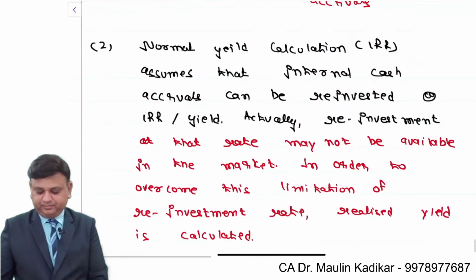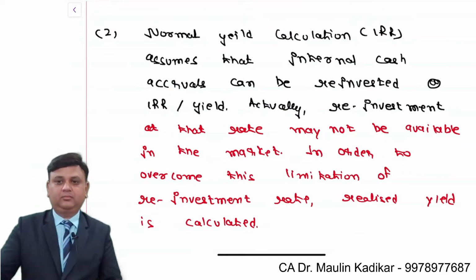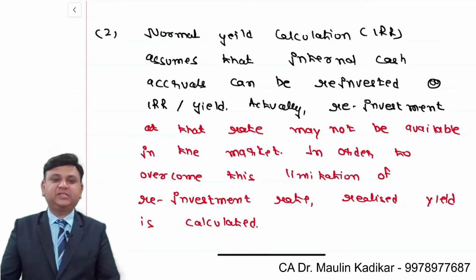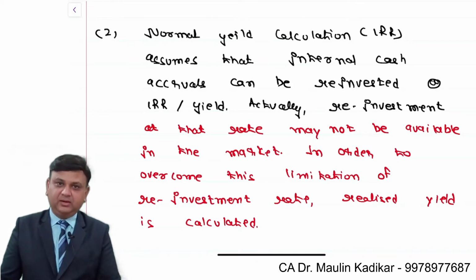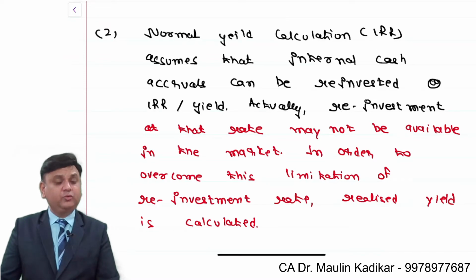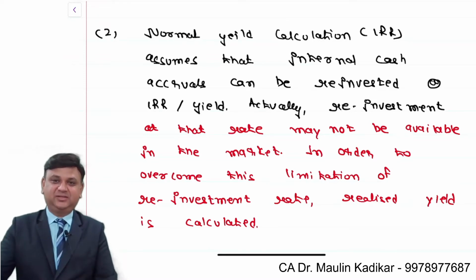Now friends, I have explained the concept. I have told you the formula. Now I want you to make the calculation of the answer and then I will do the answer.